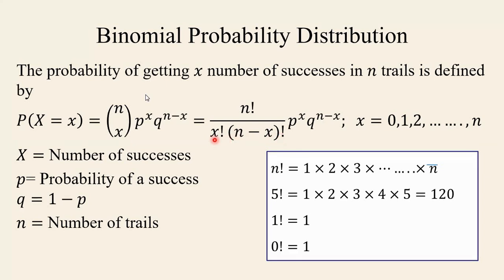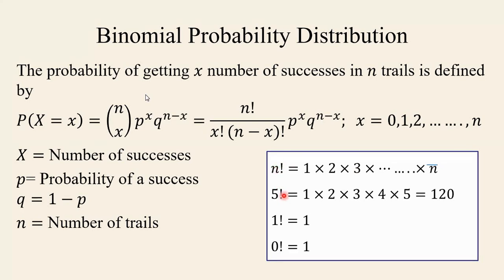Right? How can we calculate factorial? N factorial is calculated by 1 into 2 into 3 up to N. We have to multiply the positive integers from 1 to N, that is N factorial.